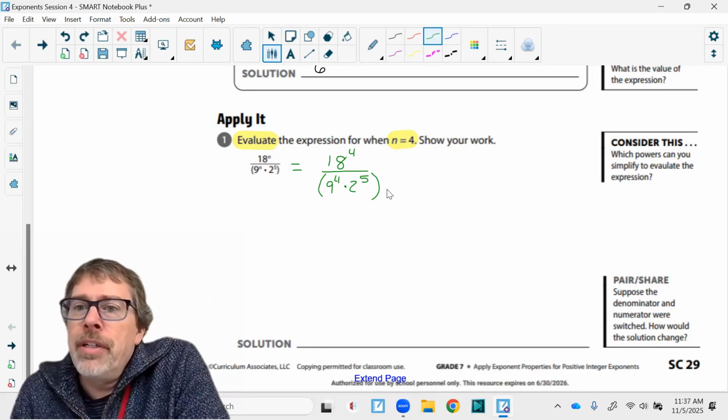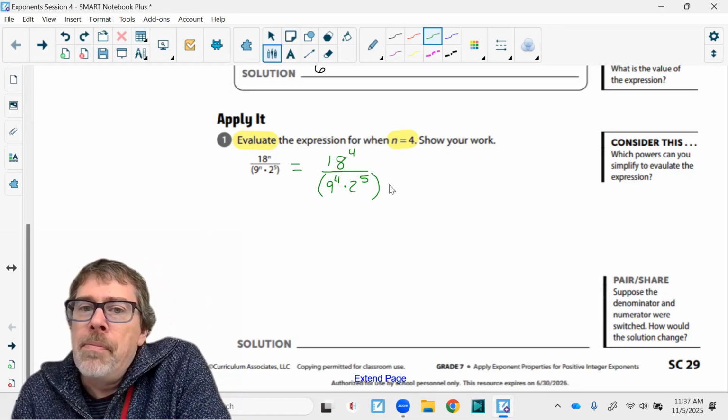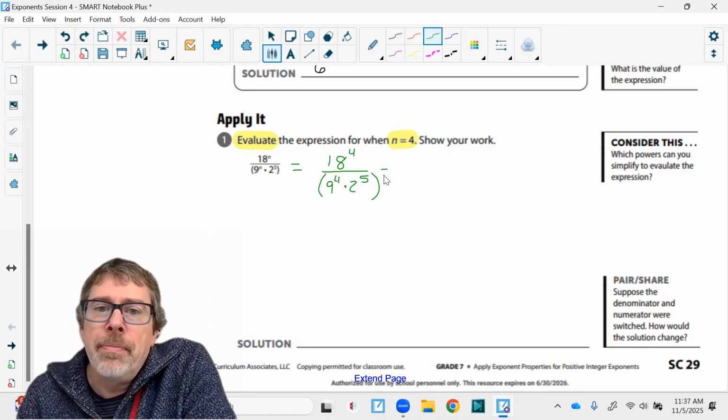So how am I going to do this? I am going to expand. 18 to the 4th power means 18 times 18, 4 times.